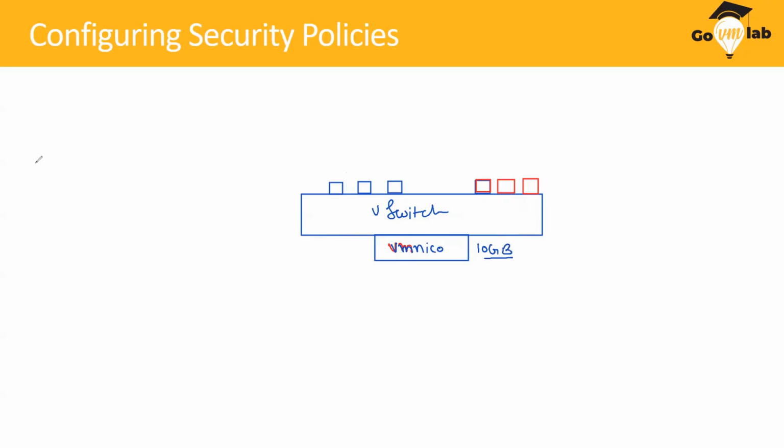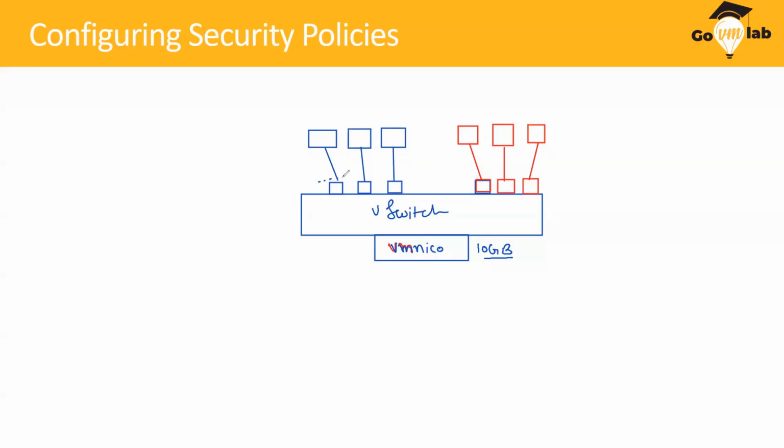And then we have a couple of VMs connected here. Some of my VMs are connected here, and some of my VMs are connected here. I think this is a very simplistic diagram.